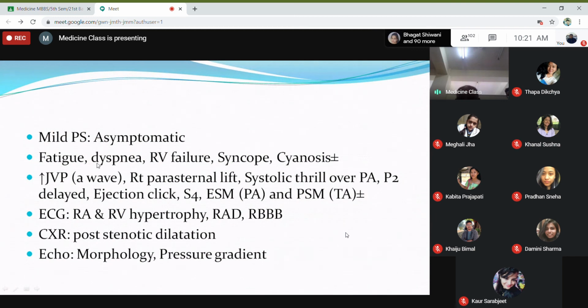There will be an increase in JVP, parasternal heave. There will be a systolic thrill in the pulmonary area. P2 will be delayed. There is an ejection systolic murmur in the pulmonary area, and a systolic murmur in the tricuspid area may be present because of right heart failure.